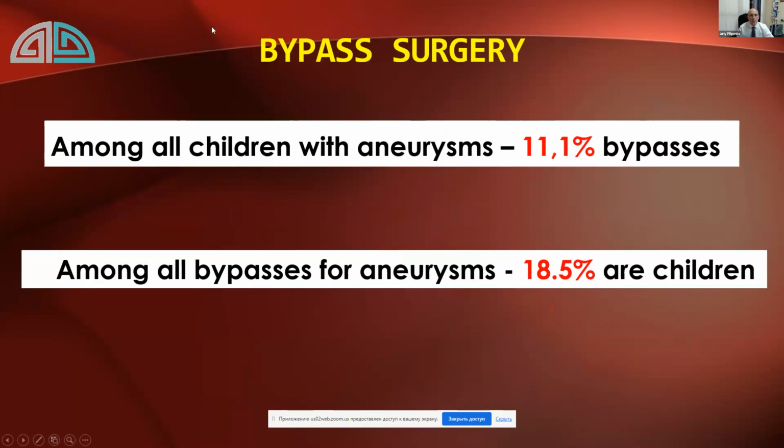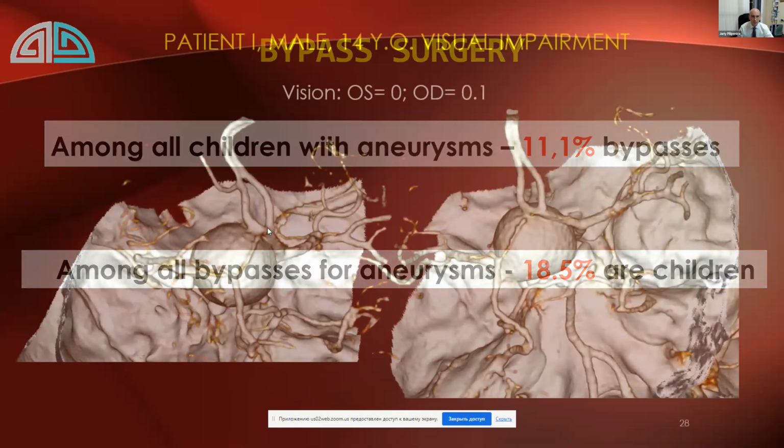Bypass surgery, this is the trend of the last decade. Among all children with aneurysm, 11% had bypasses performed. On the other side, among all bypasses in our center, 18.5% were performed in children.